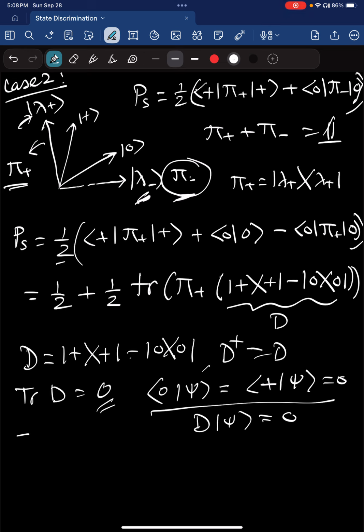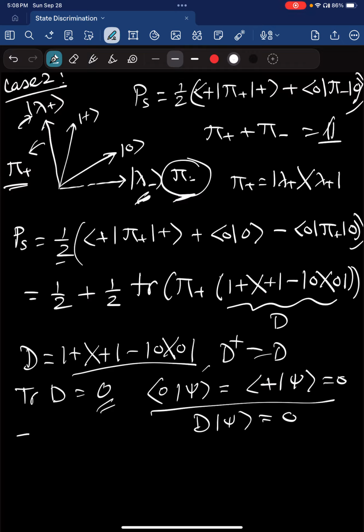You can see that zero and plus span the plane where you have the state zero and the plus. This is a two-dimensional plane, so you can have either two eigenvectors with non-zero eigenvalue, or you can have all zero eigenvalues. And if you have all zero eigenvalues, then D must be zero, but we know that D cannot be zero here because of how we have defined it.